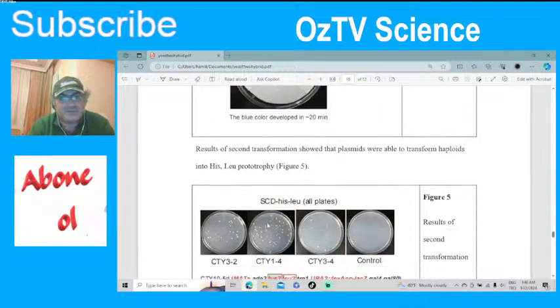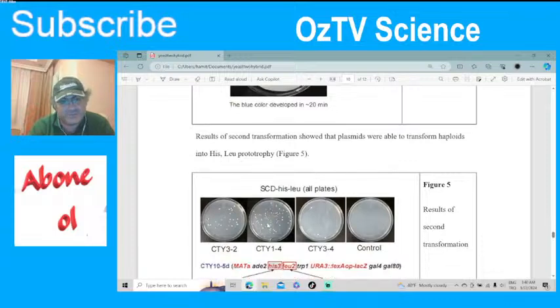Results of the second transformation showed that plasmids were able to transform haploids into his-leu prototrophy. So that's called prototrophy. Once the haploids mate, they change the prototrophy.